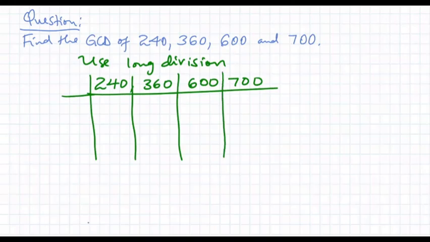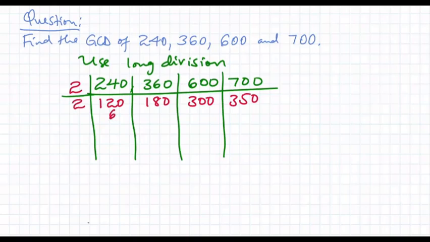Now, starting with the smallest prime factor, all these numbers can be divided by 2. So dividing by 2, I get 120, 180, 300, 350. These numbers can also be divided by 2.